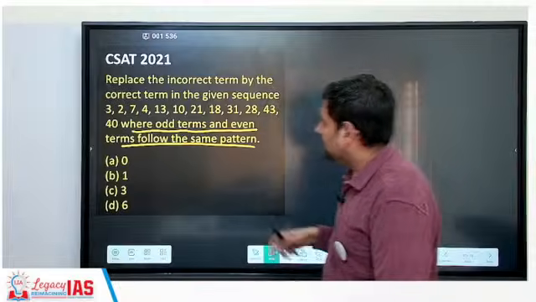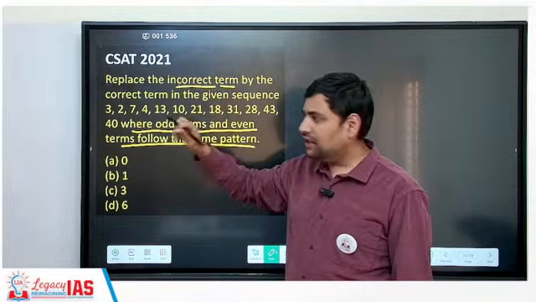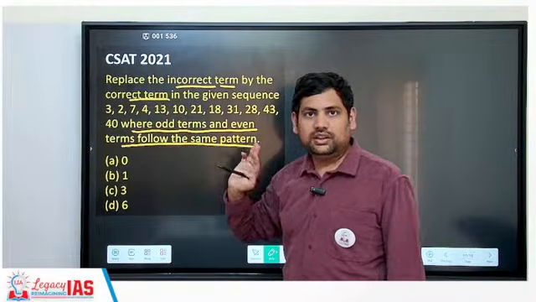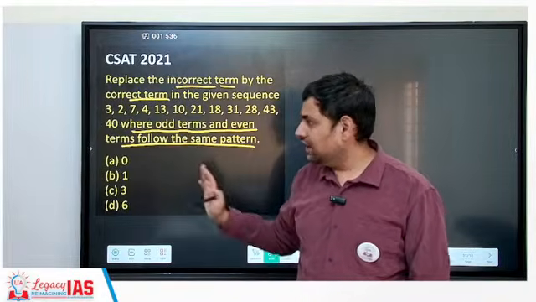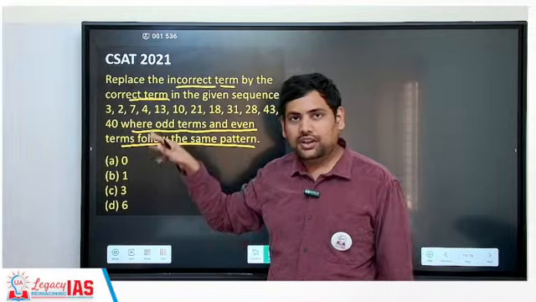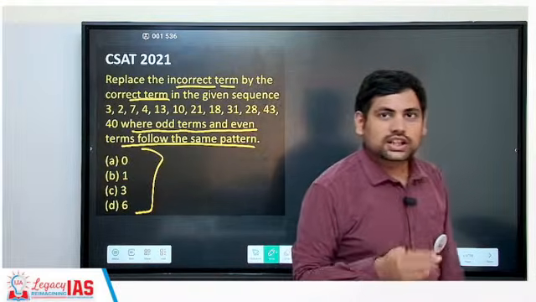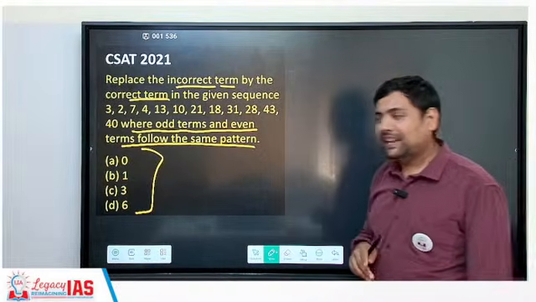You need to find the incorrect term and tell what will be the correct term that should replace it. Identifying the incorrect term is not the question. That is your work. Now what it should be replaced with, that becomes your answer. This is the question. Understood?